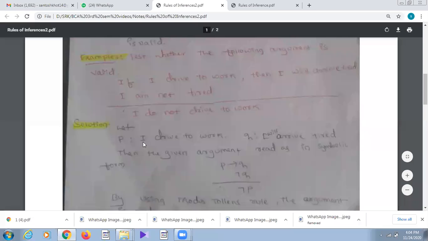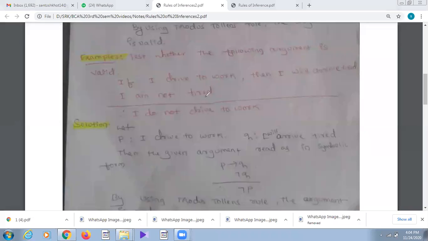If I drive to work, then I will arrive tired, so you can use the conditional symbol between the sentences: P then Q for the first premise. Second premise, "I am not tired": the opposite of Q, so use negation Q for this premise.